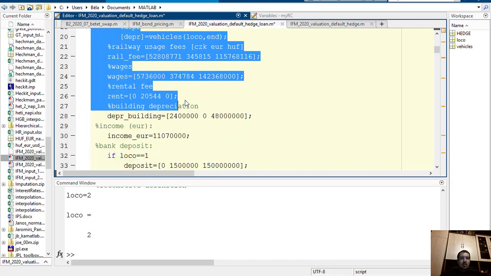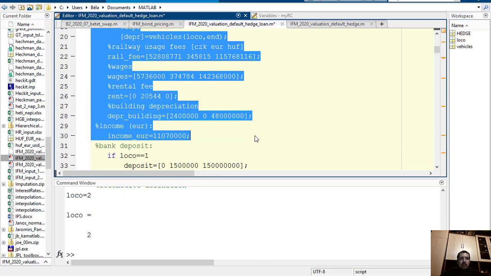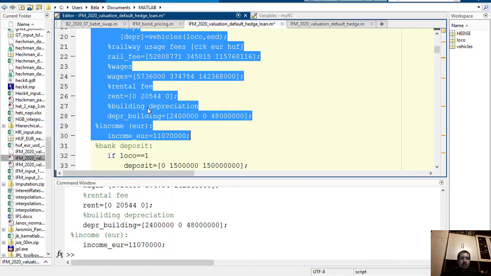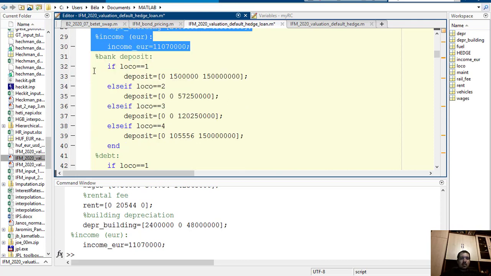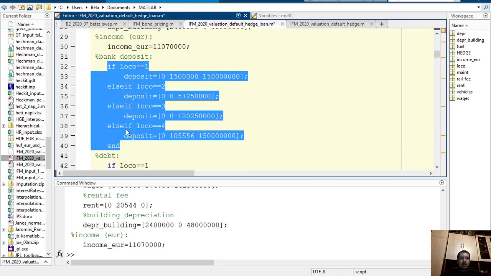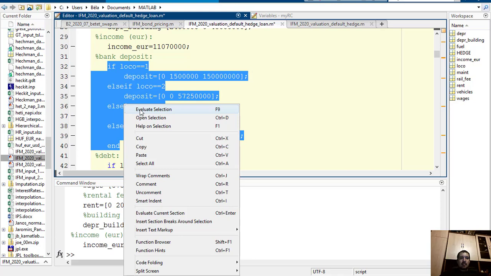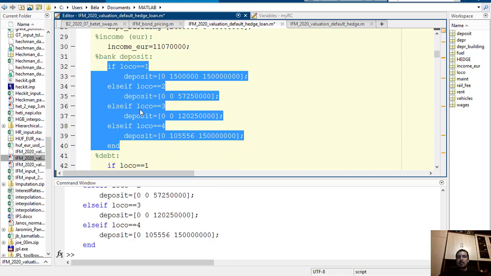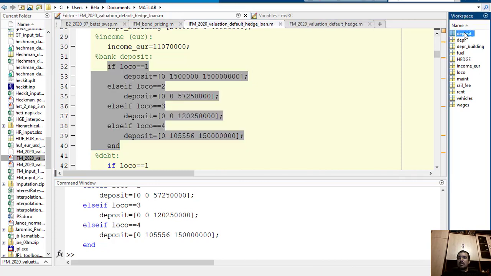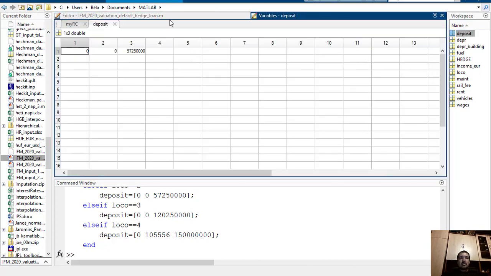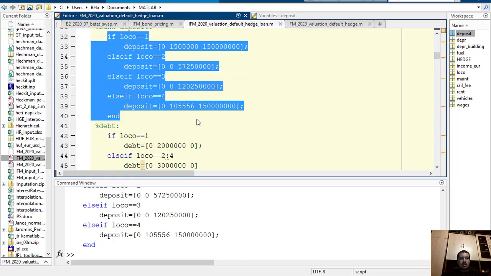So let's check it. So deposit. Is it defined? Yes, it's defined. Good.